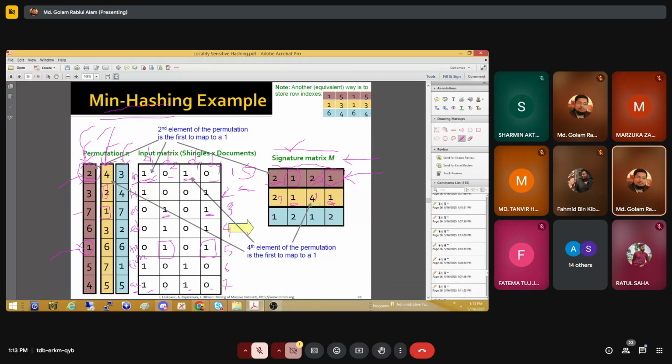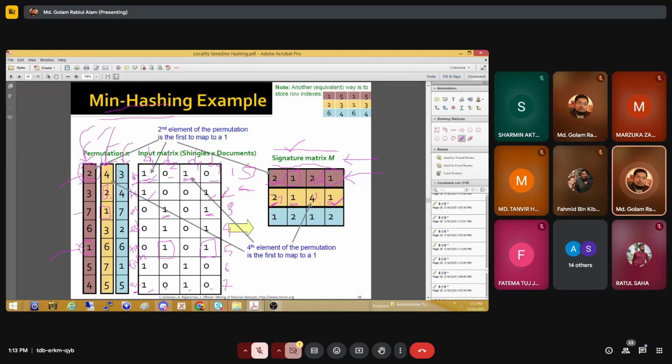So in this case, the first position is 1 and the fourth position is 1. That means in this position, we can see the fourth position already has the value that is the minimum, that is 1, and here is also 1. And then this value is 2.